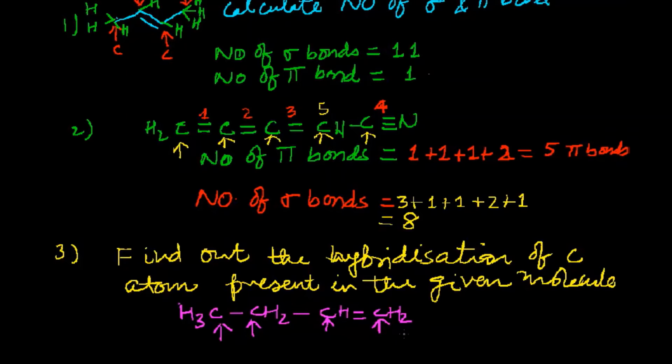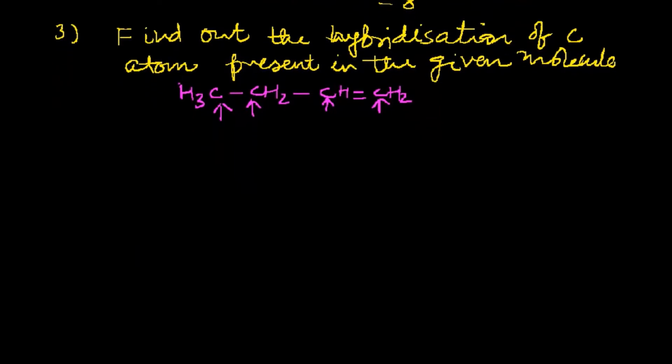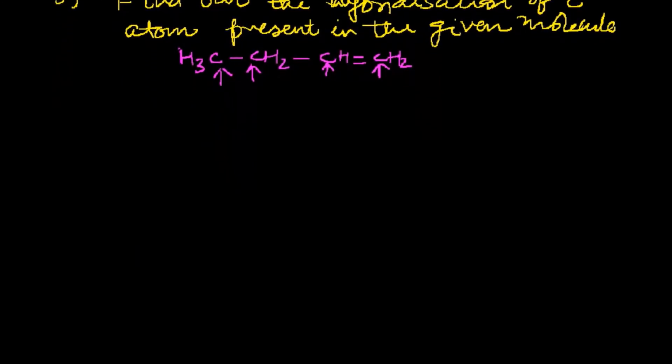The reason being, this concept of hybridization is letting you know the kind of shape and structure of the concerned atom would be, and therefore you must know this, what would be the hybridization, so that we can easily predict the shape as well.